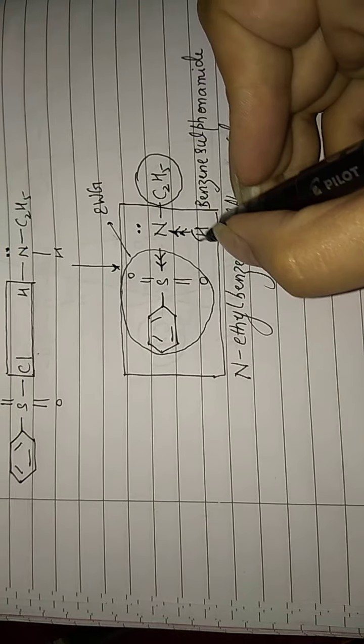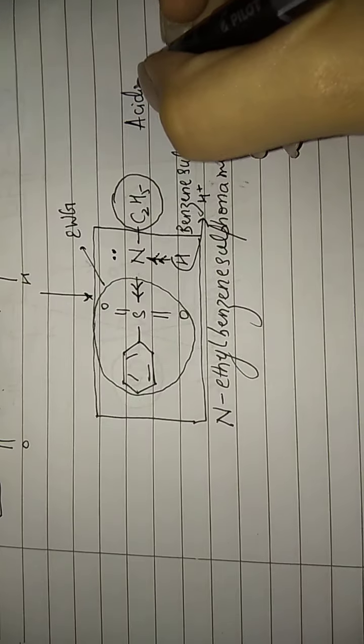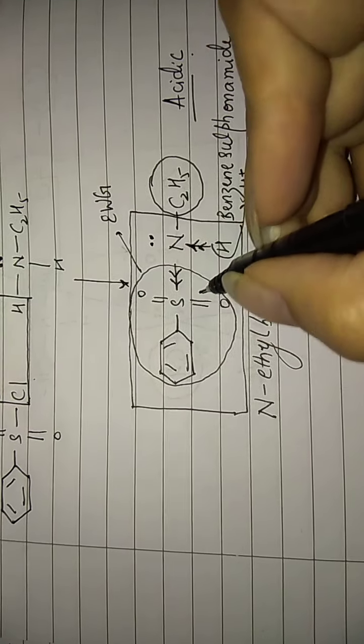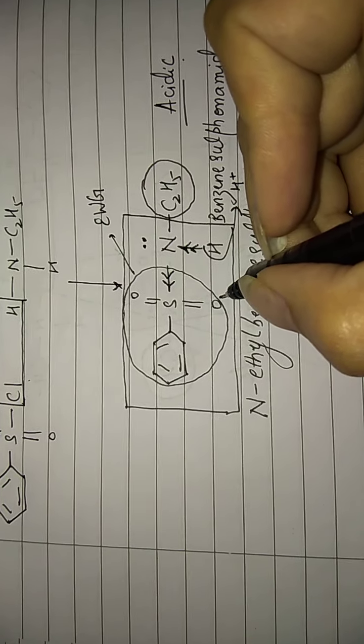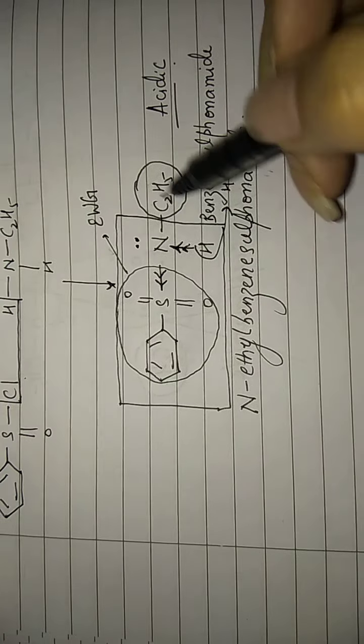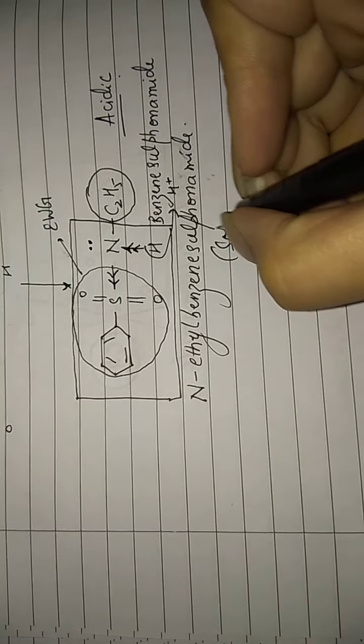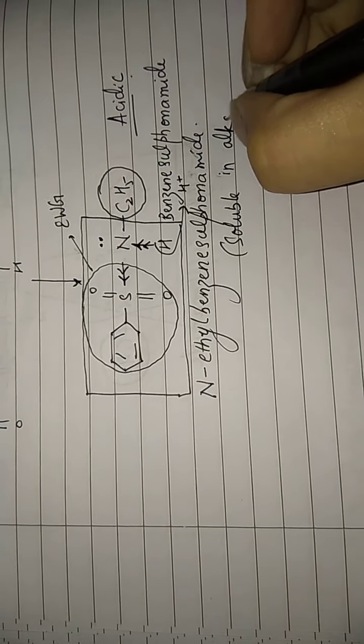When some compound can easily release a proton as H+, that compound is referred to as an acidic compound. Because of the benzene sulfonyl group being an electron withdrawing group, this compound has become acidic, and when this compound is acidic, it is soluble in a base, in an alkali.